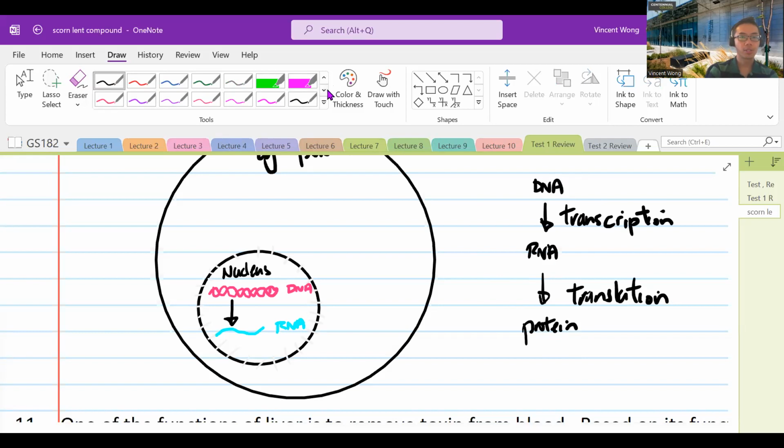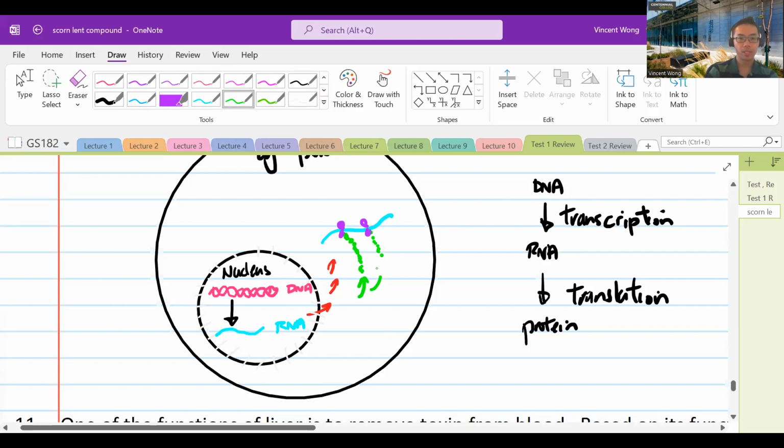Okay, so this strand of RNA is going to exit through the nuclear pores. And when it gets to the cytoplasm, you're going to have the ribosomes that clamp onto it. It will read the instruction and use it to make proteins.